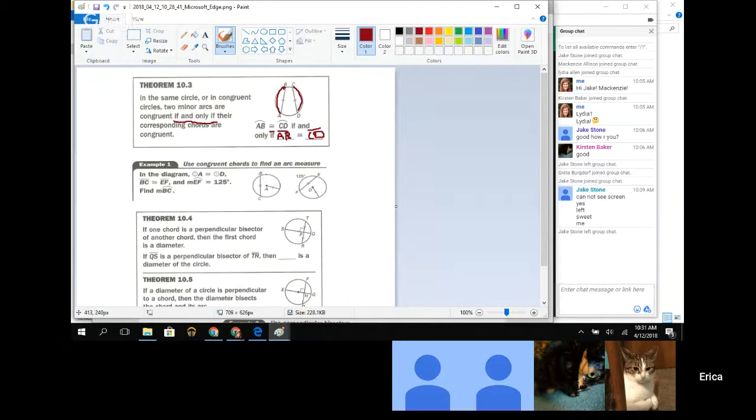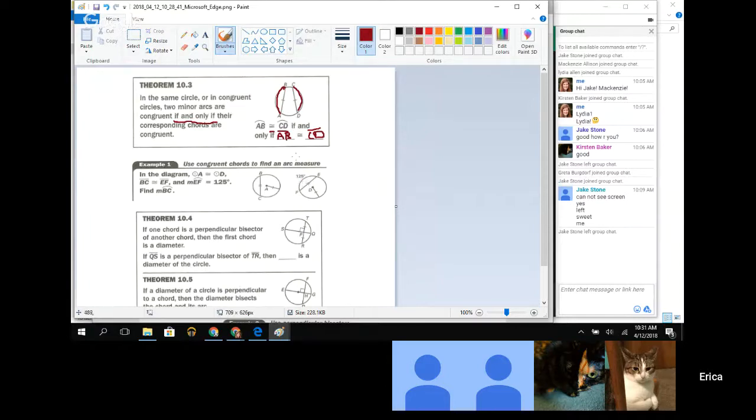Because we know these two chords are congruent to each other, then we know that the arcs are also congruent to each other. And the measure of EF equals 125 degrees. So find the measure of BC.